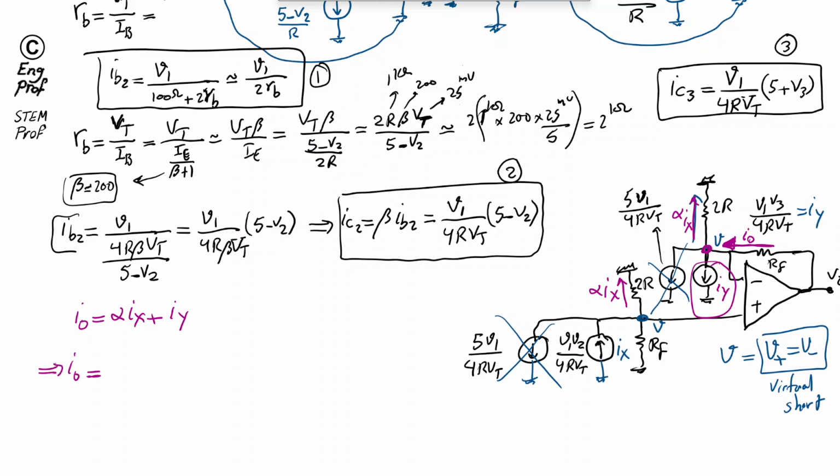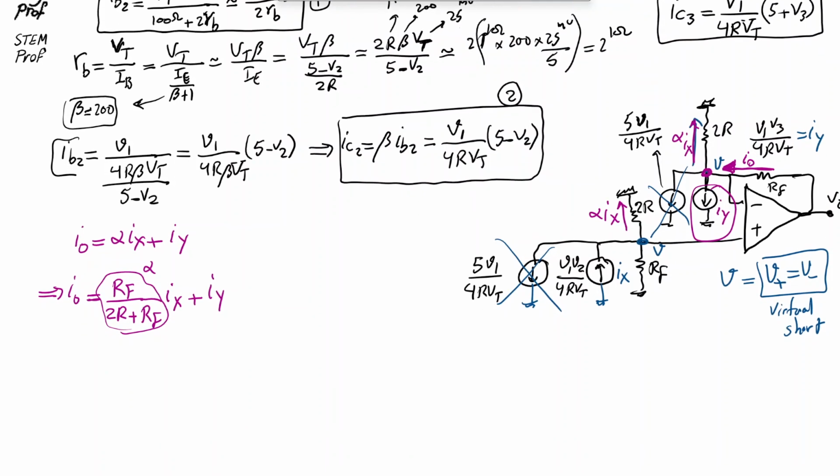Okay, so what do we have? For alpha times IX, we have, of course, the current flowing through two resistors, RF and 2R, so it's the current division, and alpha is effectively just RF divided by 2R plus RF, times IX. So that's the alpha, and IY is just IY.